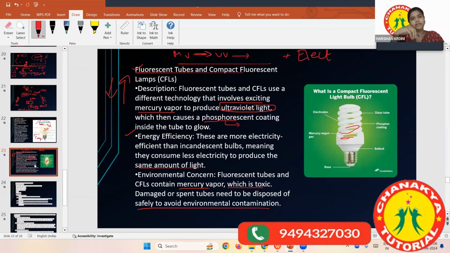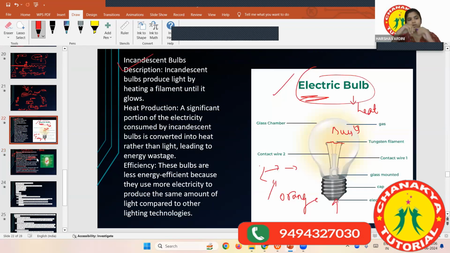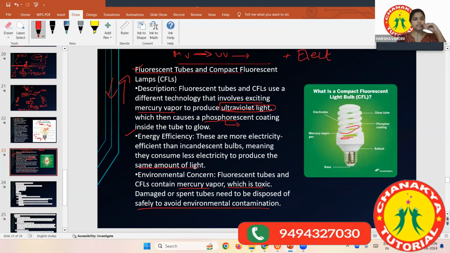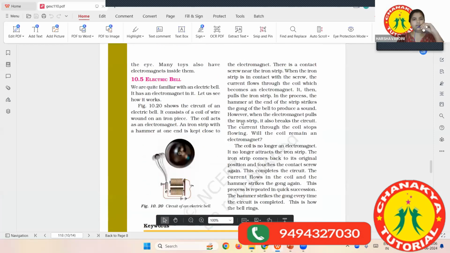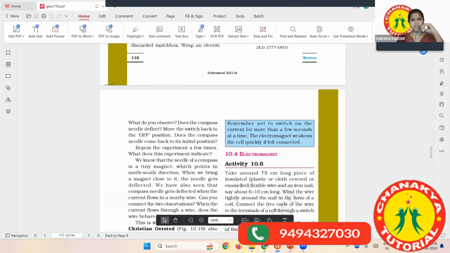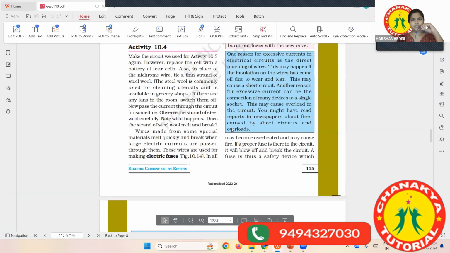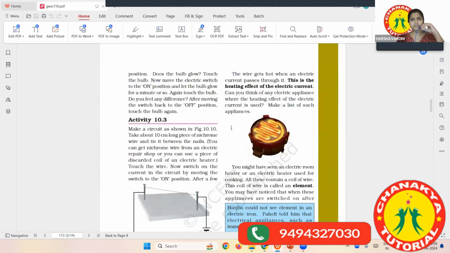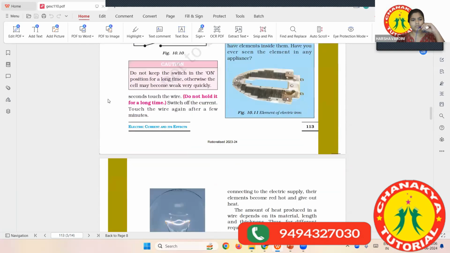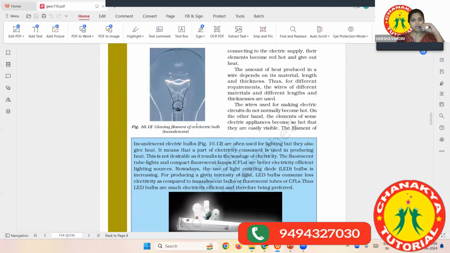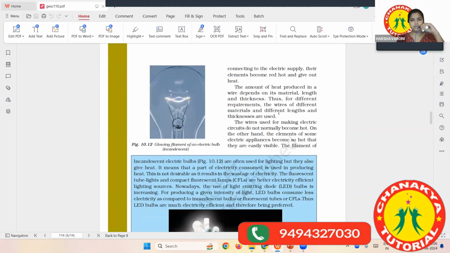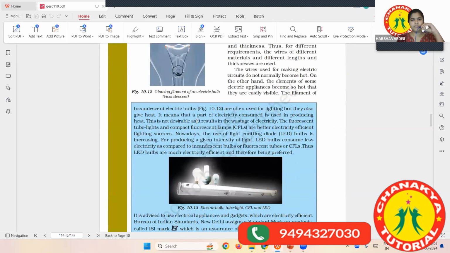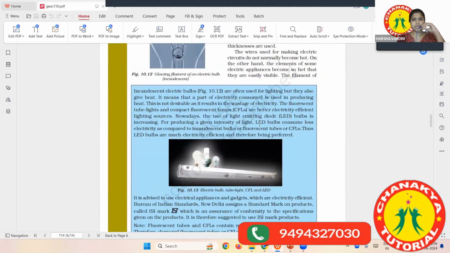It's an advanced version of CFL. The first version is the electric bulb, that is incandescent, and then CFL came, and I think I have not included that in your PPT. So we'll see here. I think it's given here, CFL. It's a filament incandescent bulb. See here, CFLs.